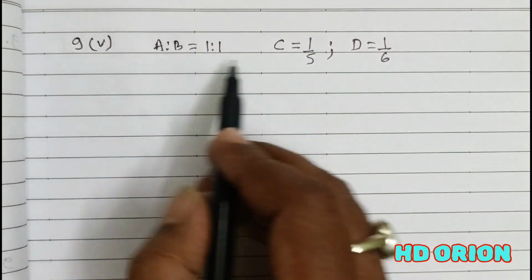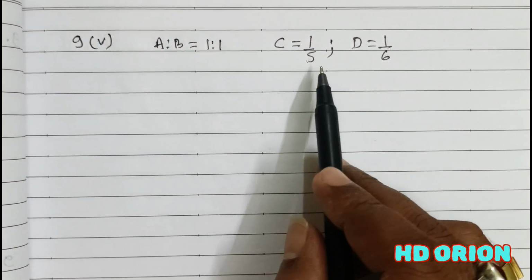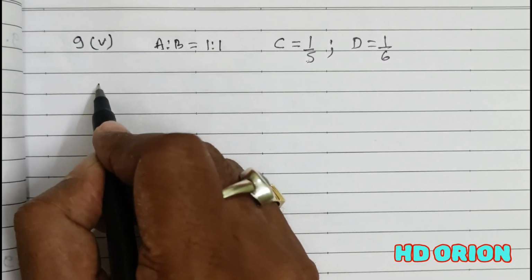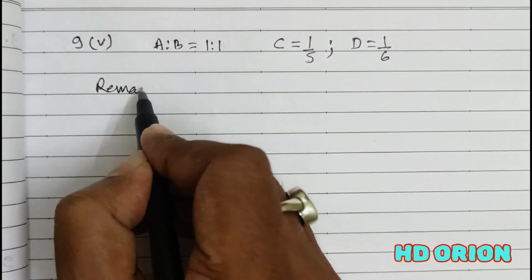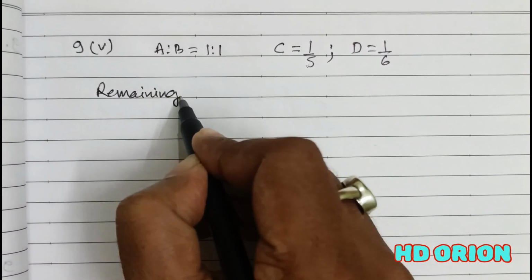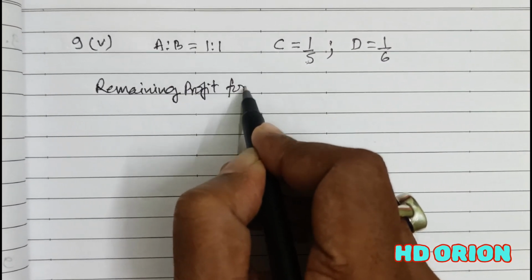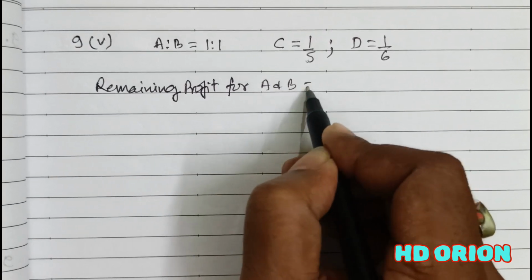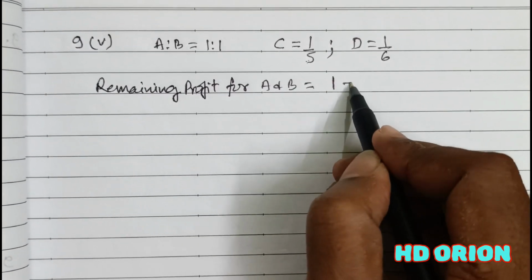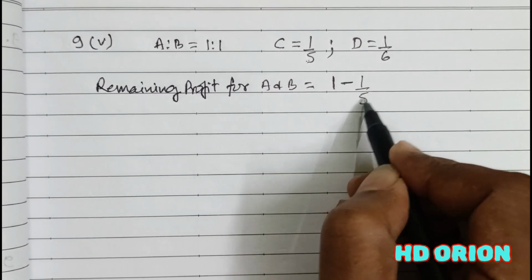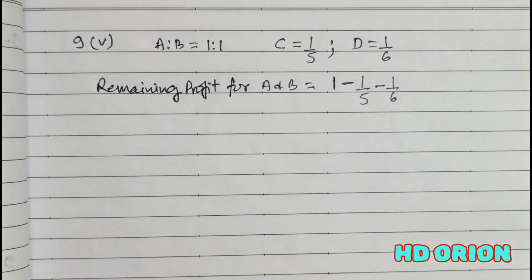So what is the remaining profit after C and D are awarded their portion of profit? Remaining portion of profit for A and B is how much? Total profit 1 minus 1 by 5 minus 1 by 6.